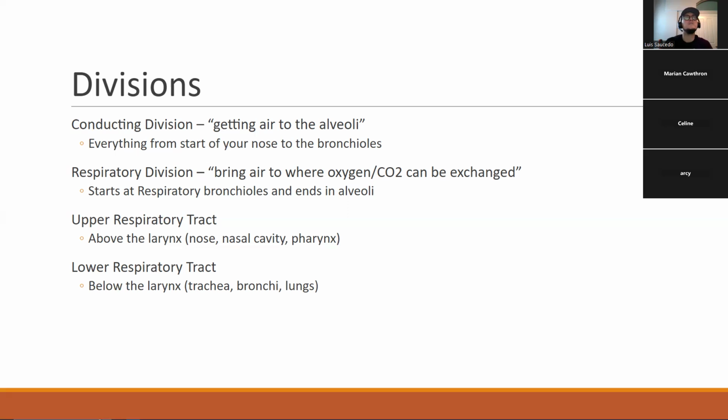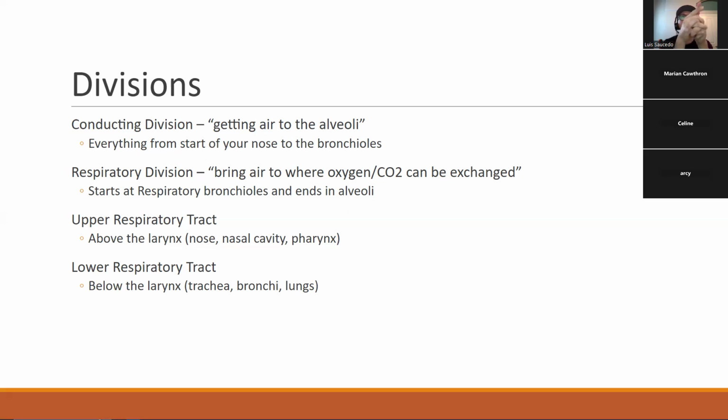The other part that we want to be able to divide is between the conducting and the respiratory division. Conducting division is basically anything that is involved with getting oxygen to your alveoli. So any pathway between my mouth or nose, all the way down through my nasal cavity, my pharynx, through my larynx, through my bronchi, and then to the bronchioles.